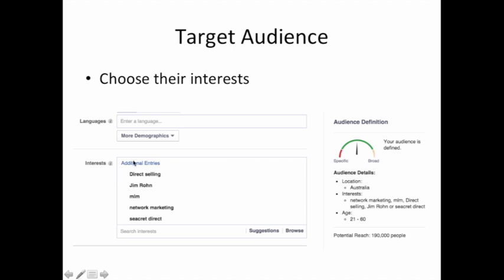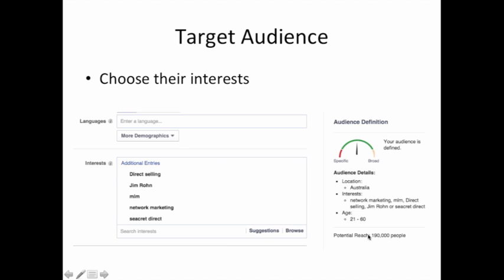You can select their interests. And so for my campaign, since I was targeting network marketers, I used general terms like network marketing, MLM, multi-level marketing, related industries like direct sales, direct selling. I talked about specific network marketing companies that people are interested in, and that could be like Secret Direct or one of the dozens and dozens of network marketing companies out there.